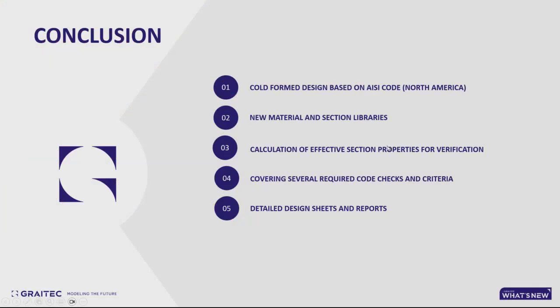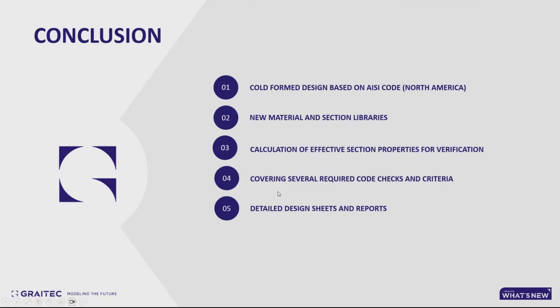So just to give you a conclusion of what we can do for cold form design in Advanced Design 2024. We have the AISI code, you can use it now. We have the full libraries of sections and materials. The effective properties of a section will be calculated automatically in Advanced Design.